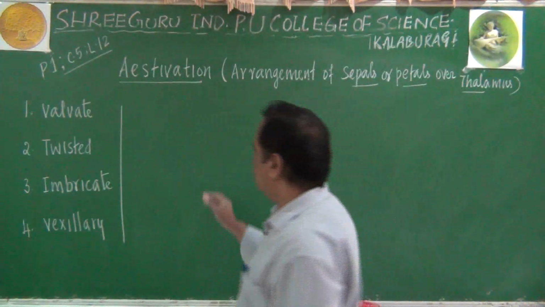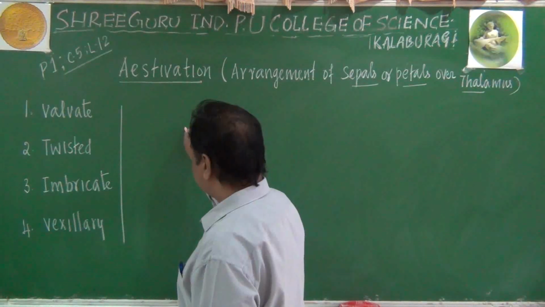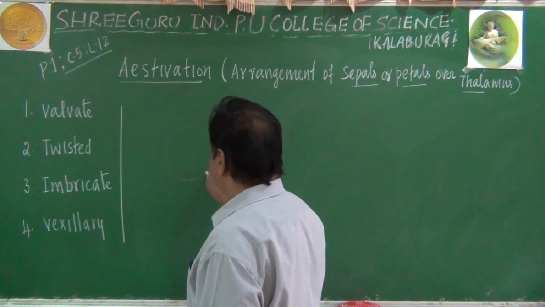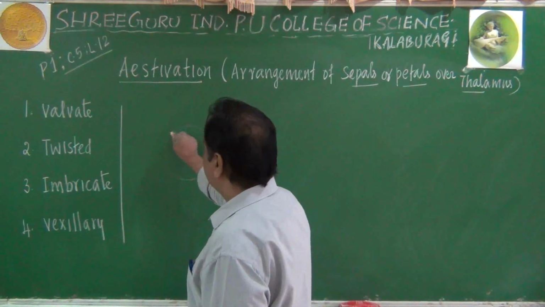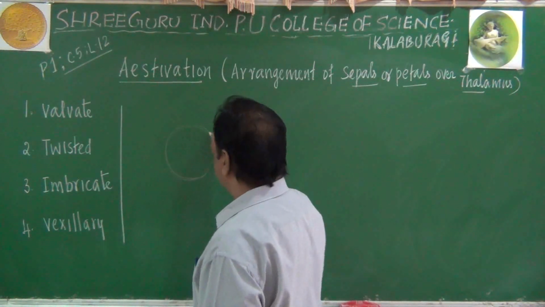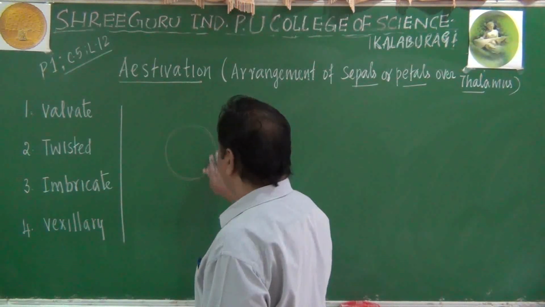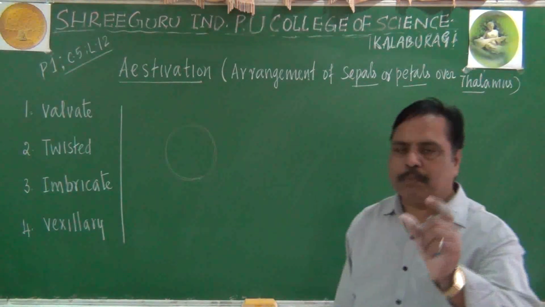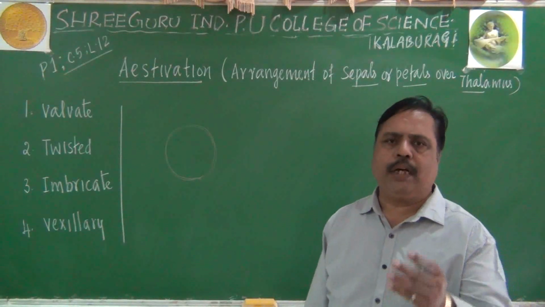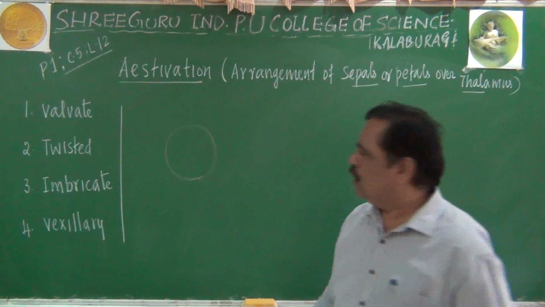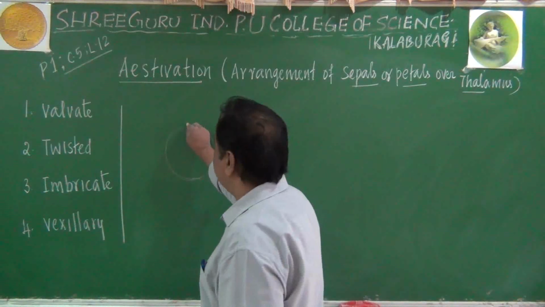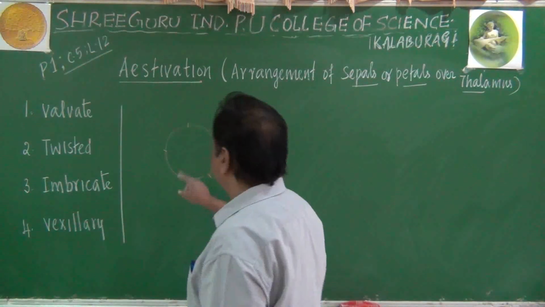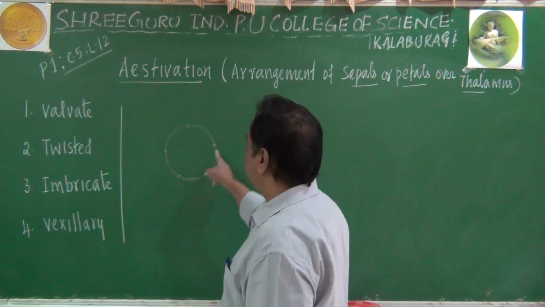Imagine there are 5 sepals arranged on the thalamus. Let me draw an imaginary circular thalamus like this. In this, 5 sepals are arranged, a pentamerous flower. I make demarcations like this: 1, 2, 3, 4, 5.